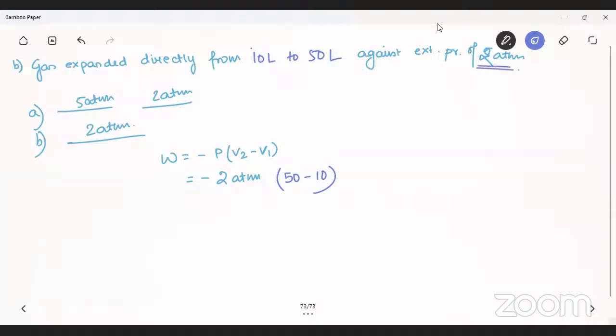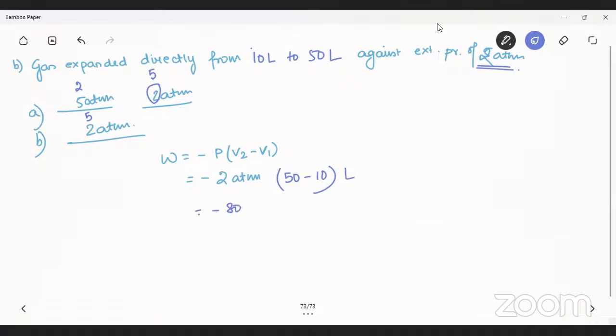Single stage means, at first they were saying 5 atmospheric pressure and then it was 2 atmospheric pressure. Single stage means this final term. If here it was 2, here it was 5, then here I would have written 5 here. Is this part clear?